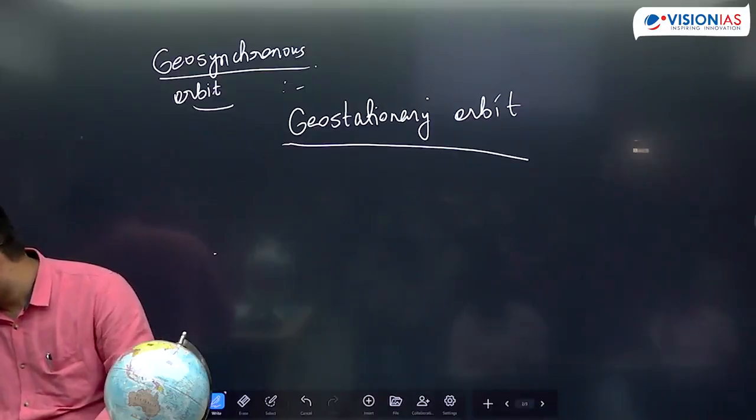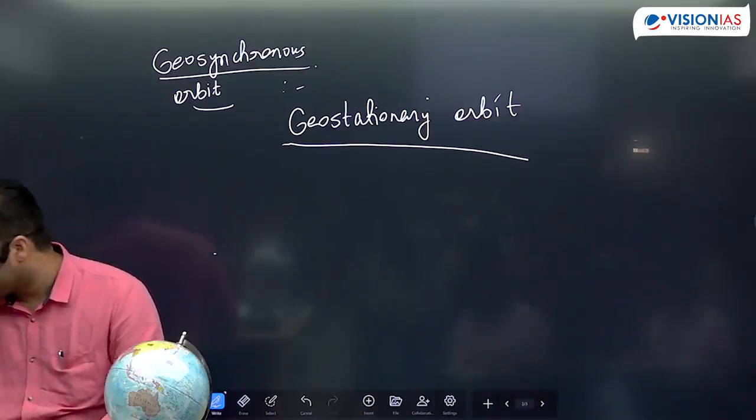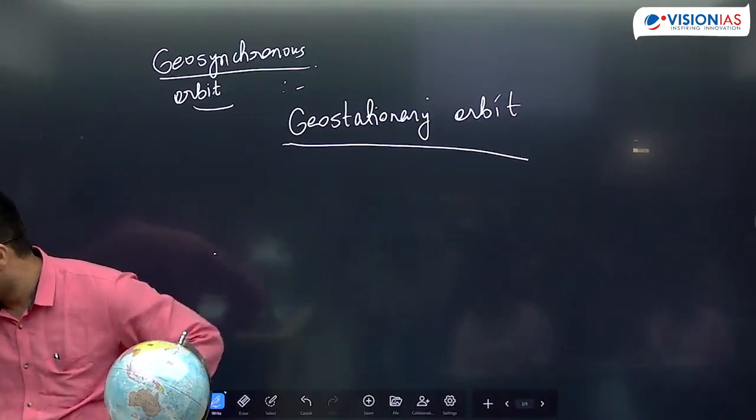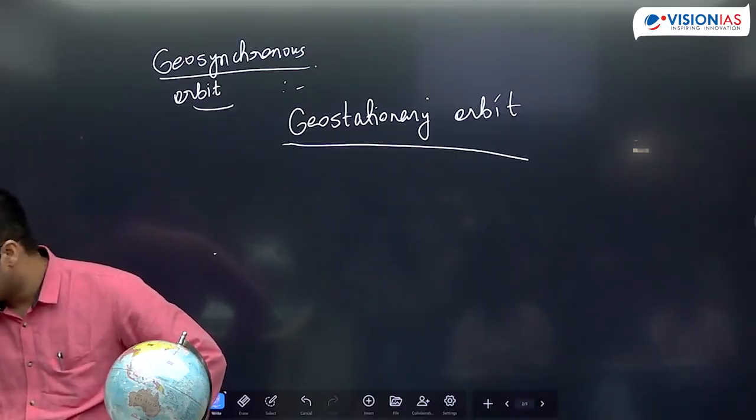A satellite in geostationary orbit seems to be fixed with respect to a point on the equator.